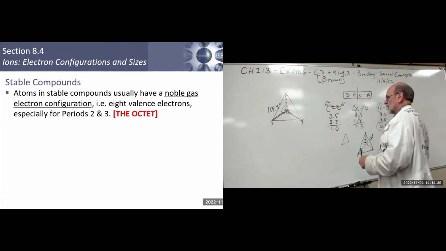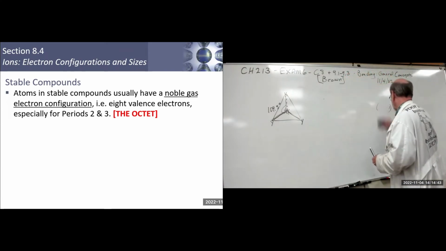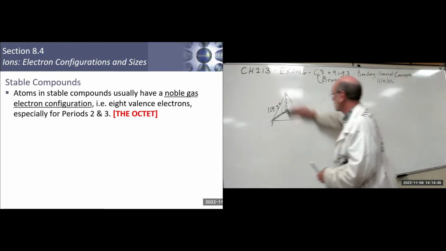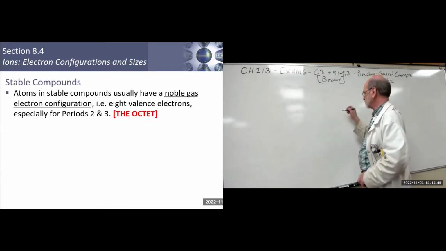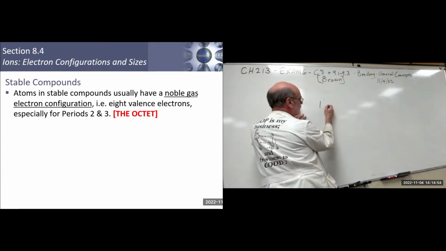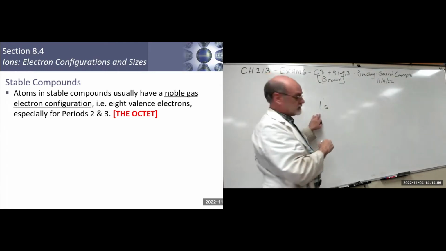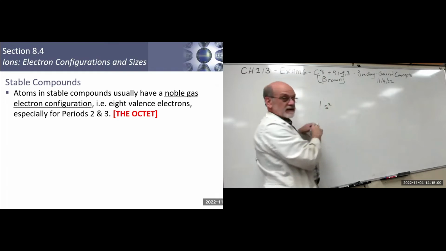Remember? Let me erase some of this stuff. Remember how we got the octet? Well, for hydrogen and helium, it's the 1s orbital. So hydrogen's only going to have one, helium's going to have two. That's it.